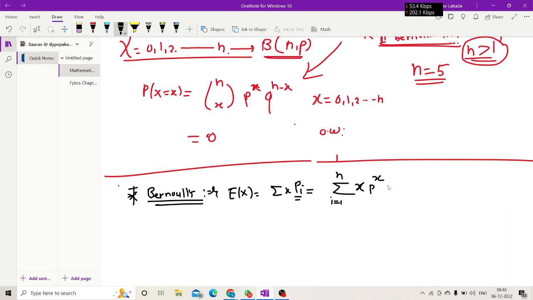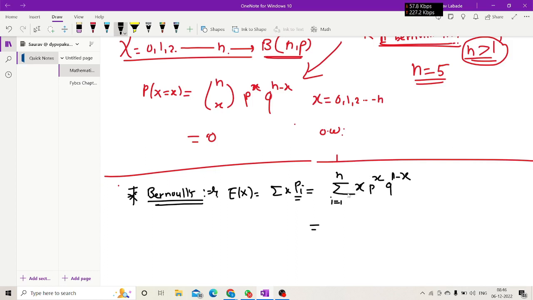It is p raised to x q raised to 1 minus x. In the Bernoulli, it is 1 minus x because we have only one failure, so that's the reason we are subtracting from 1.